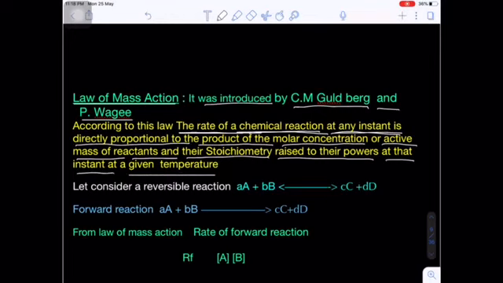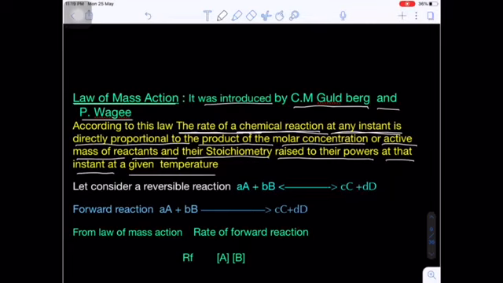That means the rate of any chemical reaction at any instant is directly proportional to the product of the active masses of the reactants and their stoichiometry raised to their powers at that instant at a constant temperature. This is very important. Temperature must be constant because it is also one of the factors which affect the rate of a reaction. That's why the temperature must be kept constant.